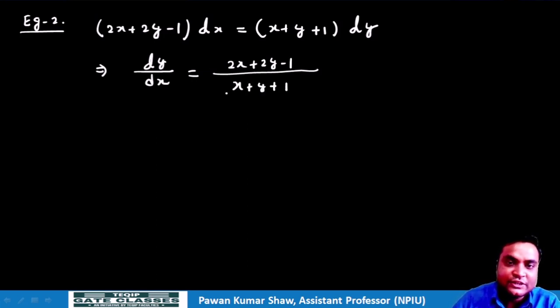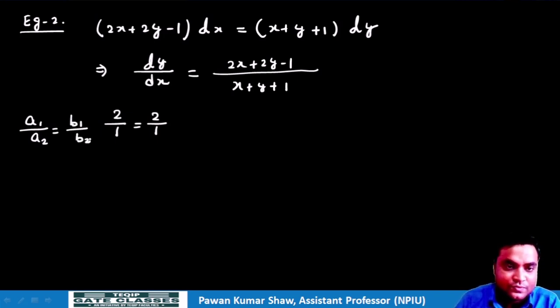Now you can check the ratios because this equation has the form (a1x plus b1y plus c1) over (a2x plus b2y plus c2). So what is the ratio of the coefficient of x? That is 2 by 1, and the ratio of the coefficient of y is 2 by 1. So in that case both are equal, that is a1 by a2 is equal to b1 by b2, which are equal.